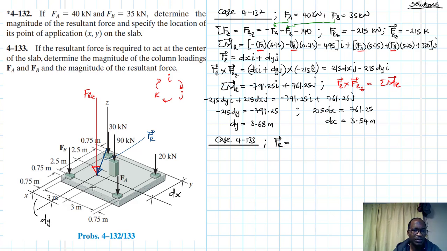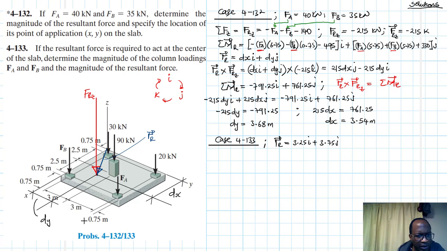The center along the X is going to be equal to 2.5 plus 0.75, which is 3.25 i. Then along the Y, it is 3.75 j, right? That's the center along the Y, right?